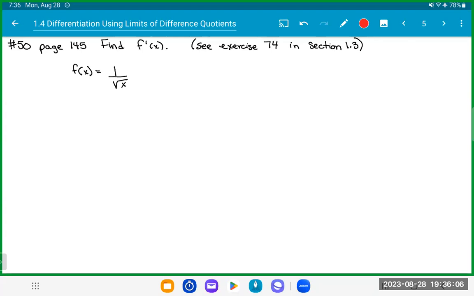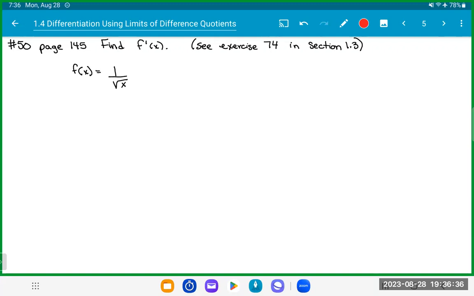Well, I don't know. Maybe I wrote that down wrong. It says exercise 74 in section 1.3, but there is no exercise 74. So you have to go all the way to the end of it to the little practice section, and there it will give you what you're supposed to see.